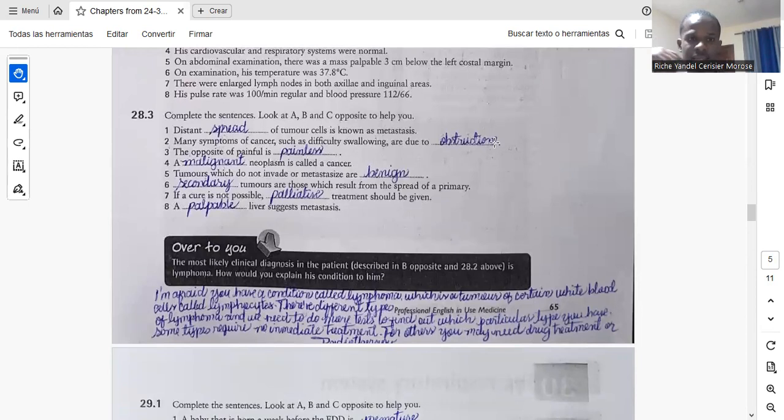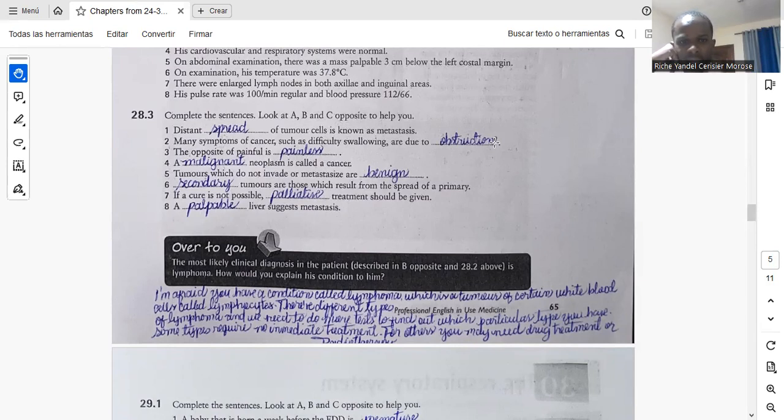Complete the sentence. The distant spread of tumor cells is known as metastasis. Many symptoms of cancer, such as difficulty swallowing, are due to obstruction. The opposite of painful is painless.